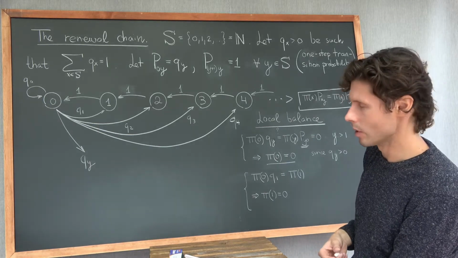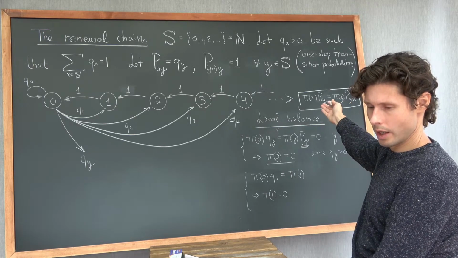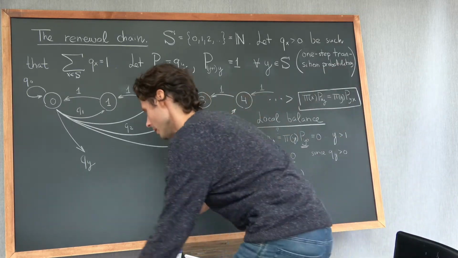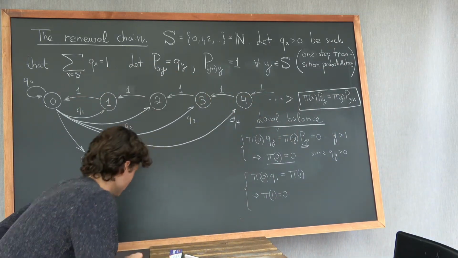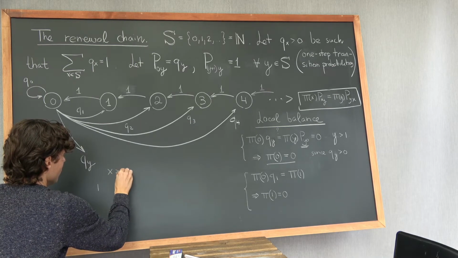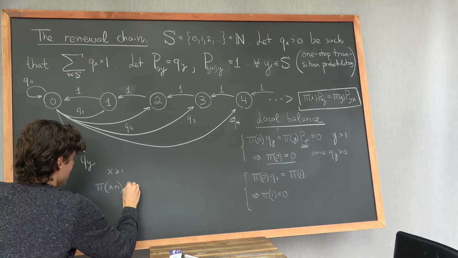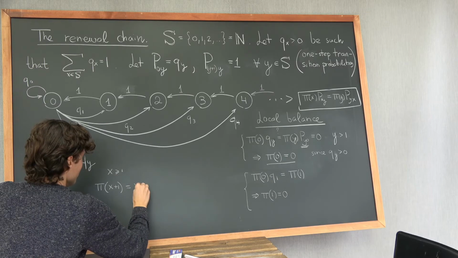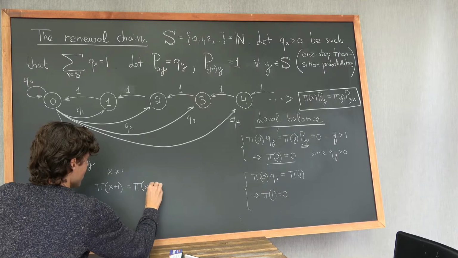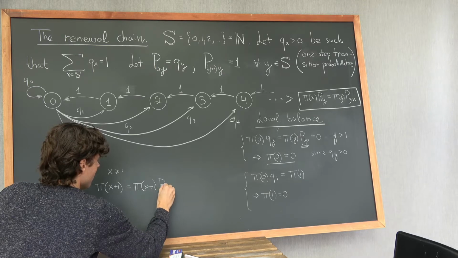And you can actually keep going and conclude that if this is to be satisfied, it would imply that every pi x is equal to 0. So how would I do that? I would start with a state. Let's say I'm going to take x to be greater than or equal to 1. I'm going to start with pi x plus 1 and argue that that's equal to pi x plus 1 times p x plus 1, x.